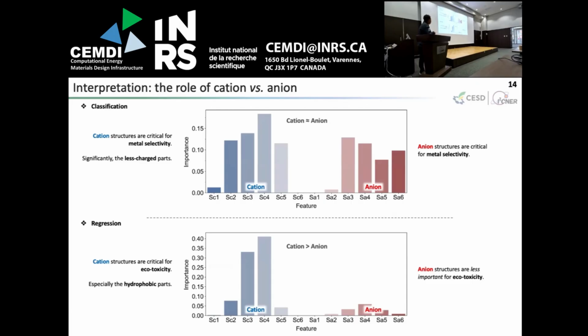But for eco-friendliness, the role of the cation is much more important than the anion. And if you look even closer, which part of the cation is the most important, it turns out to be the hydrophobic parts of the cation that govern the eco-friendliness of the ionic liquid.